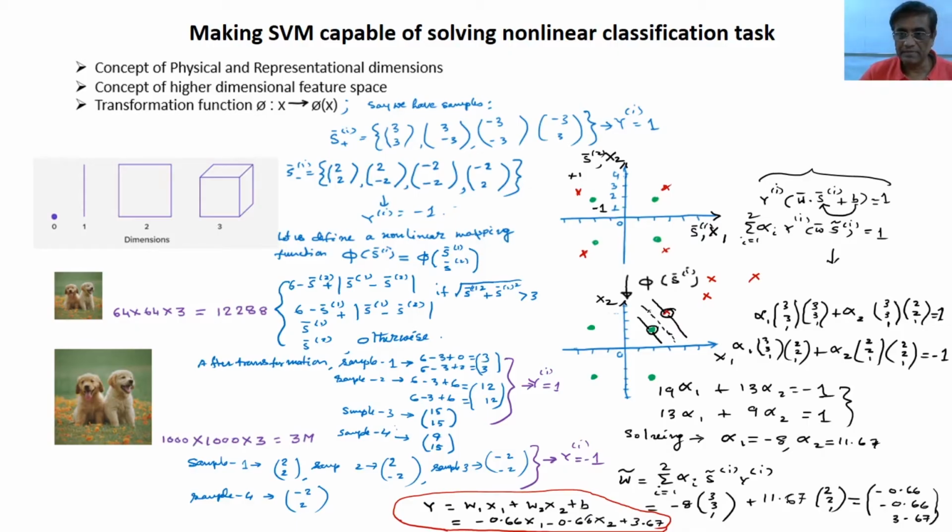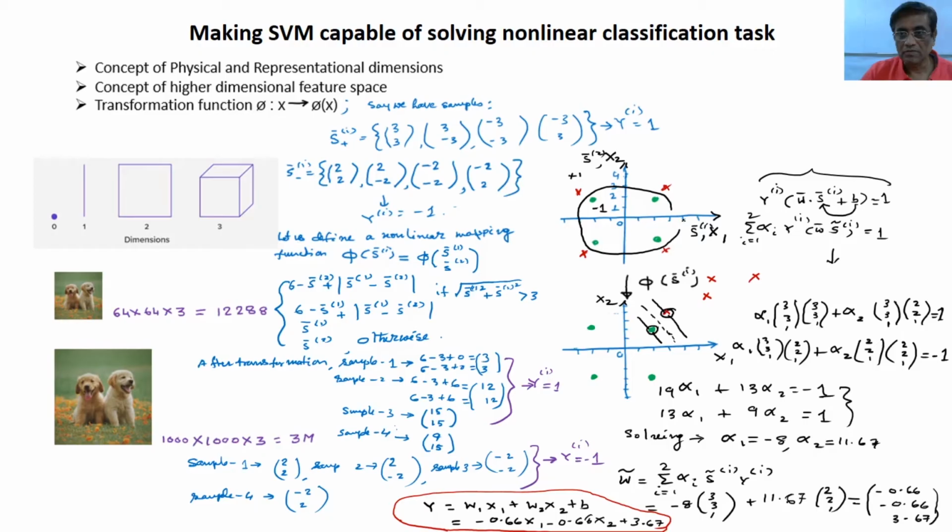But sometimes if required, with phi inverse, this is what in the higher dimensional feature space, which is linear, okay, a straight line. But by making the inverse of phi, you can again bring it back to the original domain, and there the decision boundary will be like this.